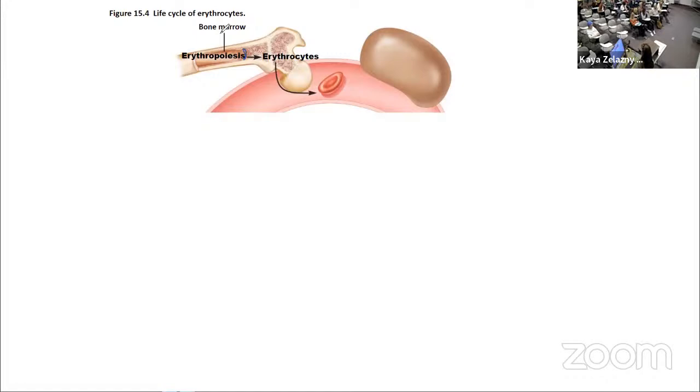So the erythropoiesis is happening up here in the bone marrow, creating our red blood cells, which we also call erythrocytes, which then migrate out of the bone and into the blood. Essentially, they're moving out of the bone and into the blood, these products of the bone marrow.